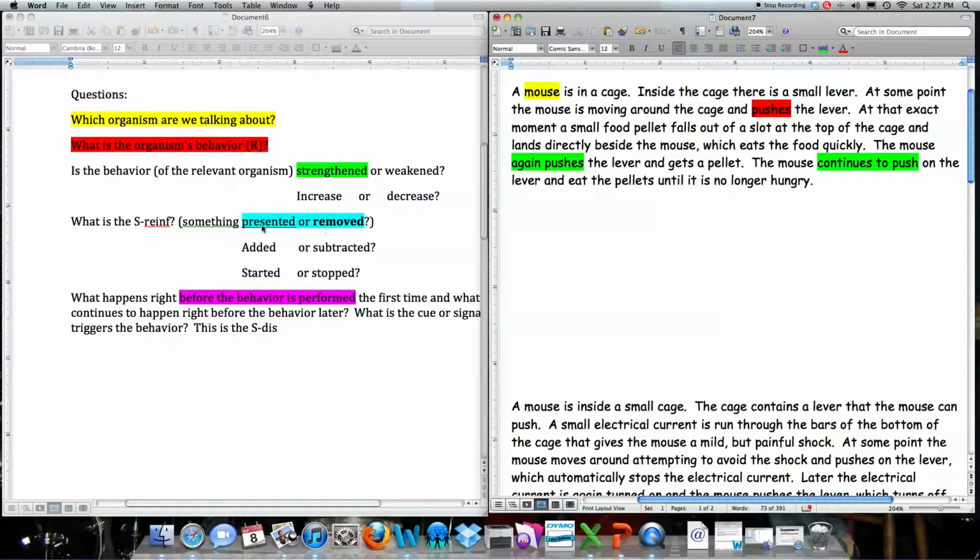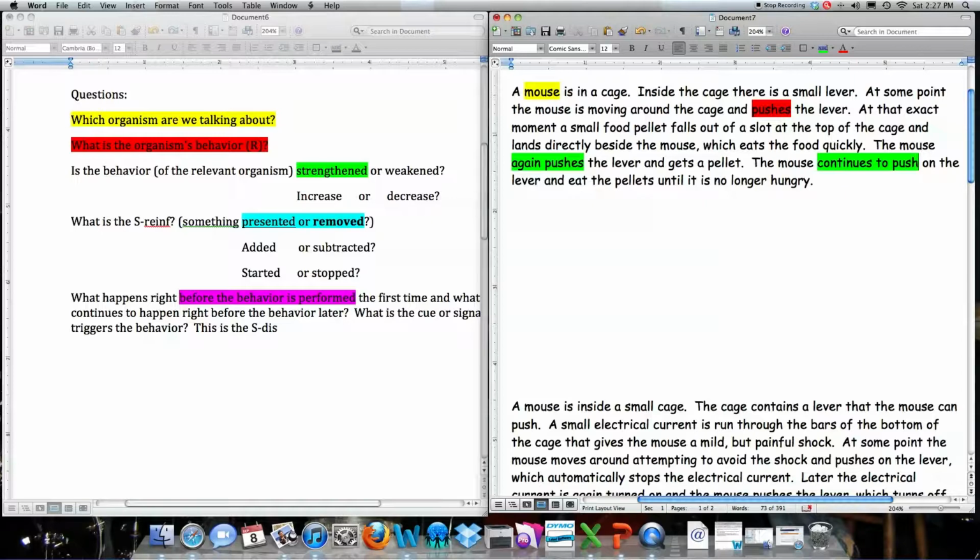Something from column 1 or something from column 2. If it's one of these three, that means we've got positive reinforcement: something is being presented, added, or started. If something is being removed, subtracted, or stopped, then that's negative reinforcement.